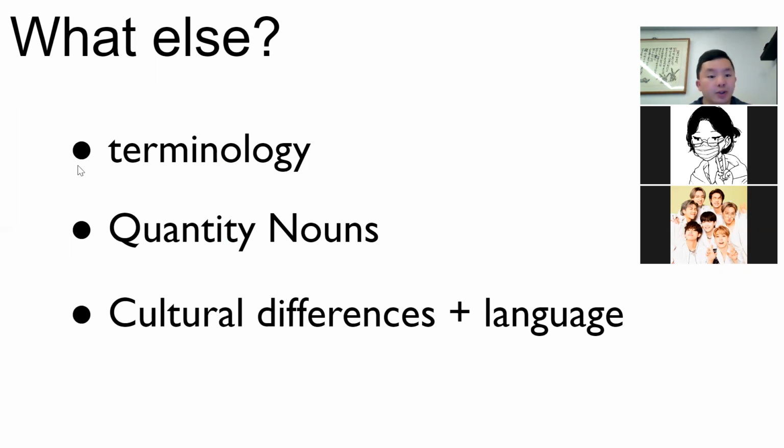Let me ask you this first. Do any of you know how to read Japanese? No? No problem. The reason I'm asking is that in Korean we have terminology, which is the grammar in Korean, and Japanese also has terminology, in a similar style.